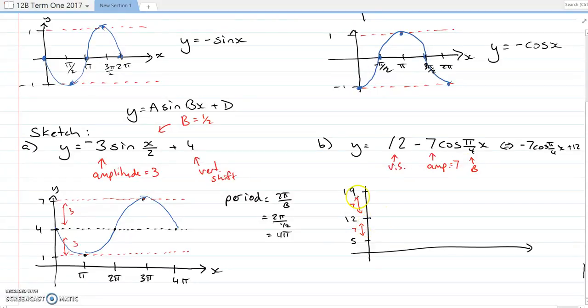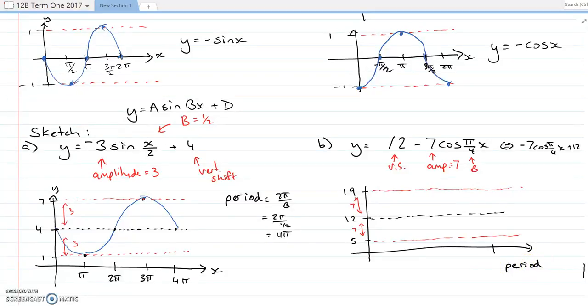So let's work out highest, our lowest, and our middle. And down here we want to mark out our period, which we haven't worked out yet, but our period is 2 pi over b, and b, from up here, b equals pi over 4.